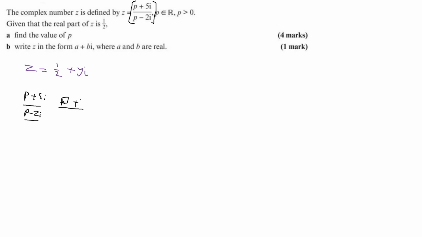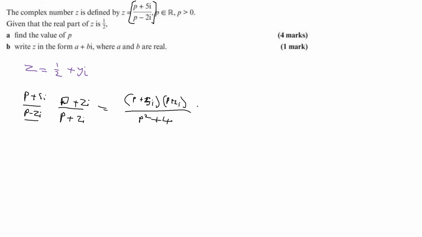Why? Because again, all we're doing is changing the sign of that, aren't we? And then times them together. So we've got p plus 5i, p plus 2i over p squared minus, p squared plus 4, if anything.